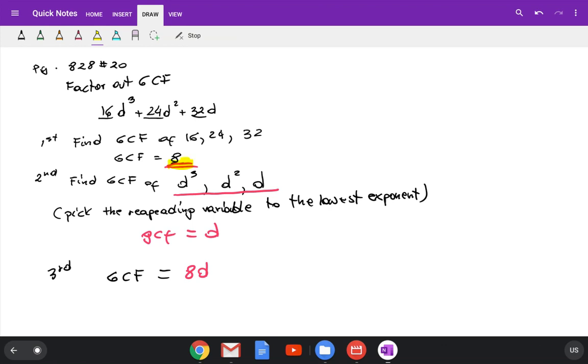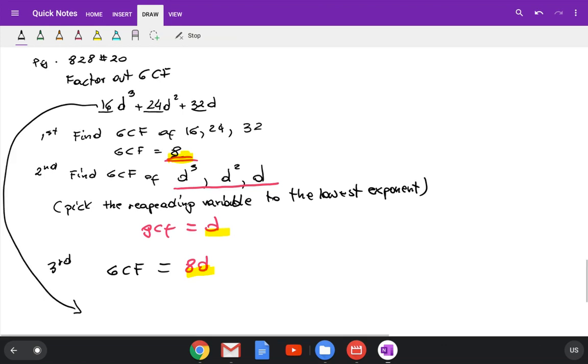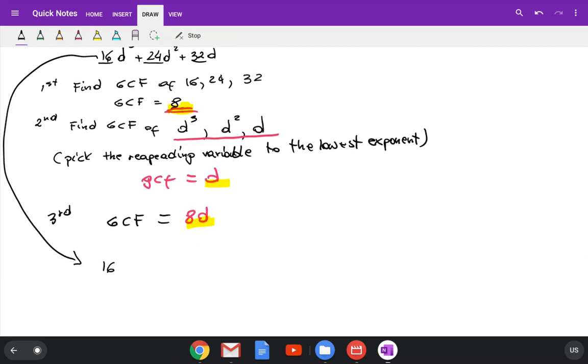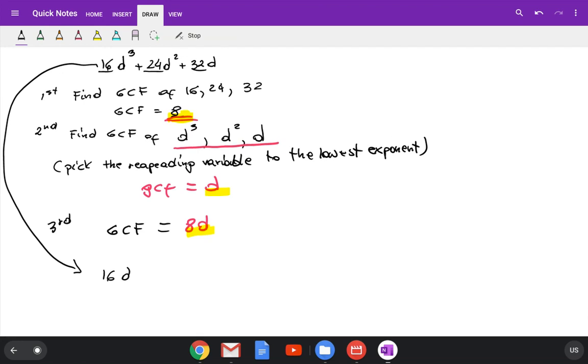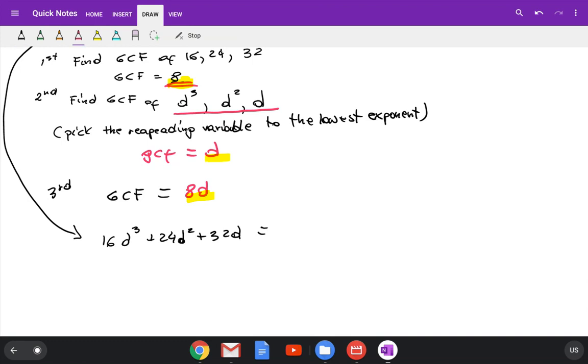Okay, so this is not the end, because they are asking you to factor out the GCF, so you go to your original problem: 16d to the third power plus 24d squared plus 32d. You put the GCF, which is 8d, in front of the parentheses, and now we need to fill in what's going to be in the parentheses.